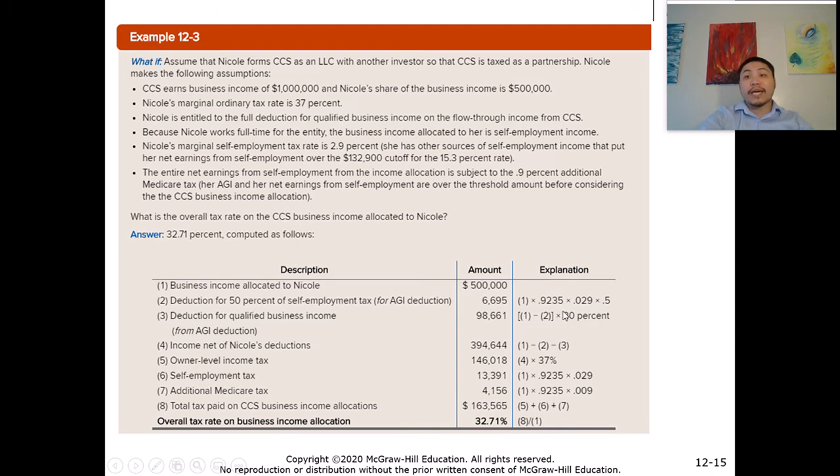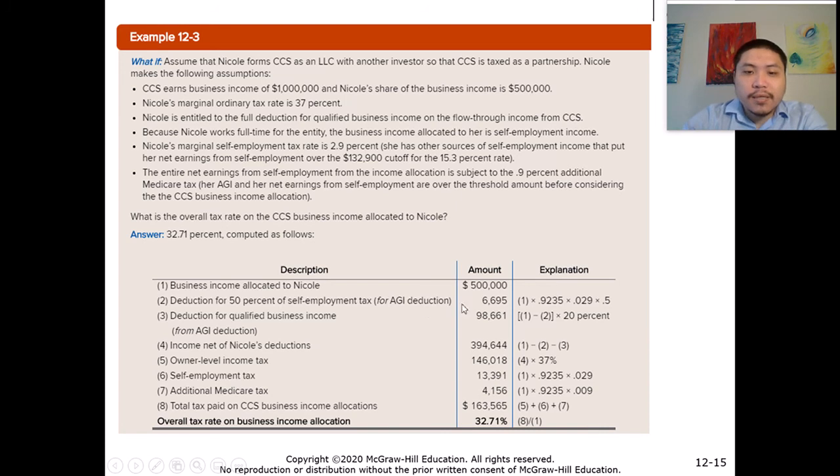That's how we calculate the self-employment tax. So this one, $500,000 times 0.9235 times 0.029, is the self-employment tax. And since 50% of self-employment tax can be deductible as a for AGI deduction, that's why we times 0.5 here.